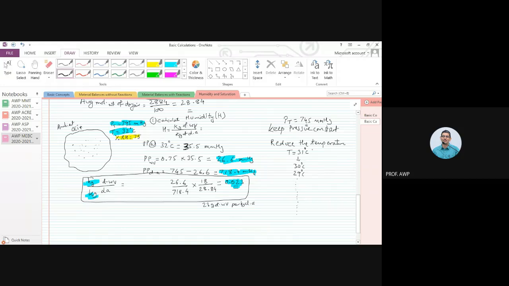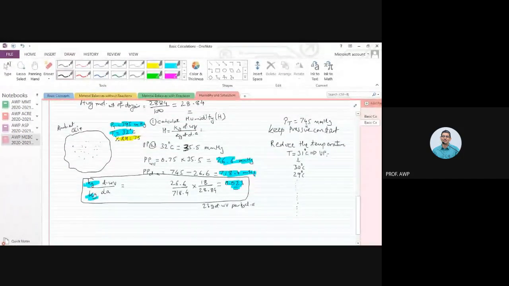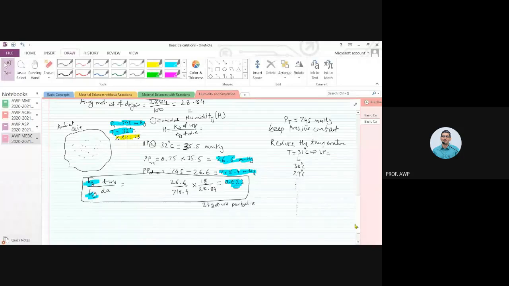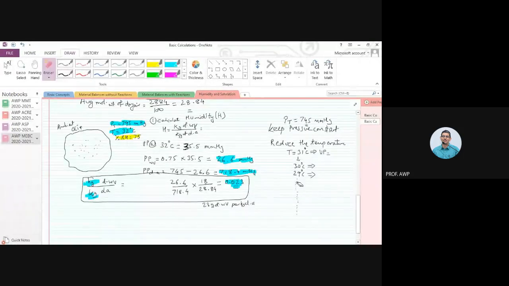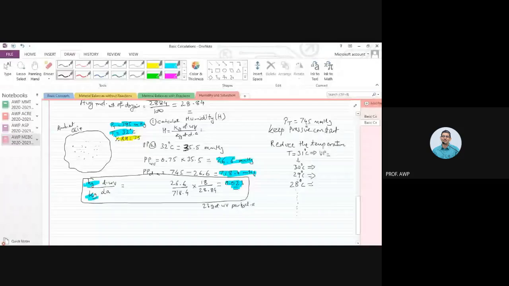Can somebody tell me vapor pressure corresponding to 31 degrees centigrade? To 30 degrees centigrade? To 29? To 28? To 27?